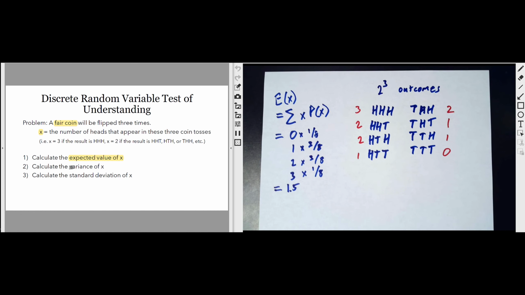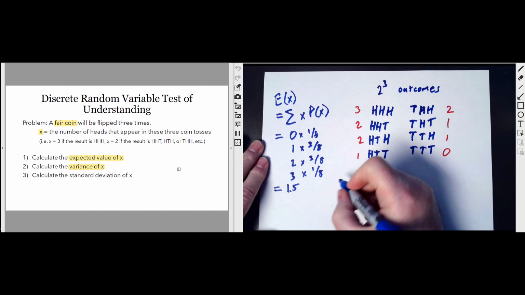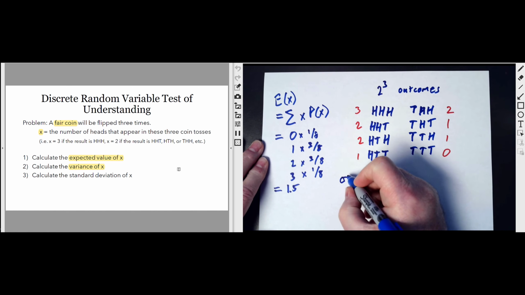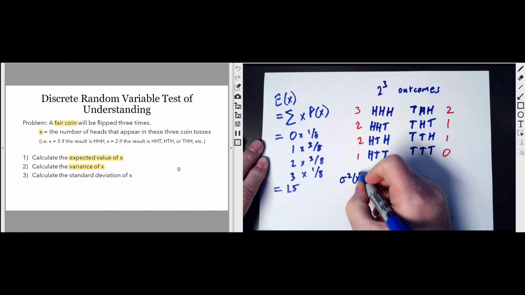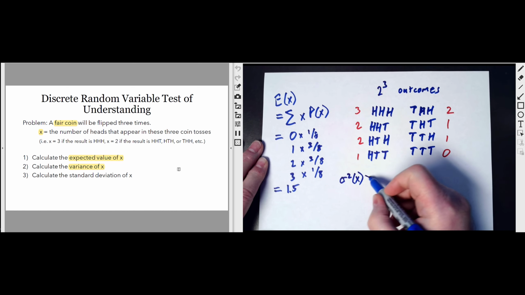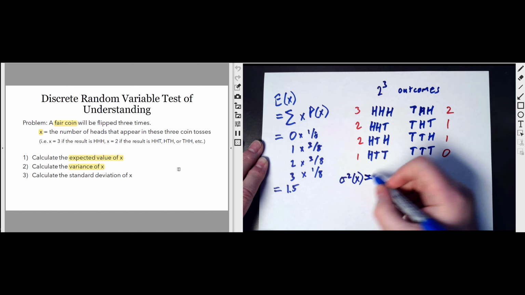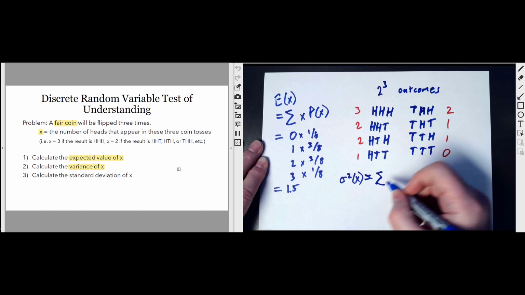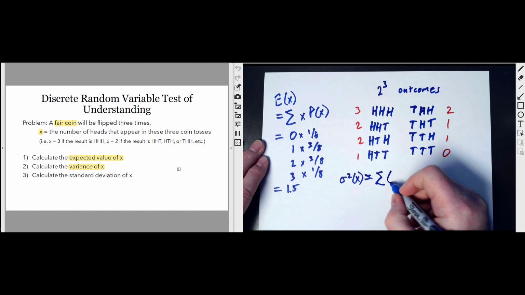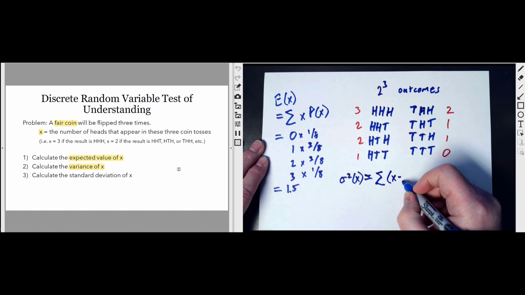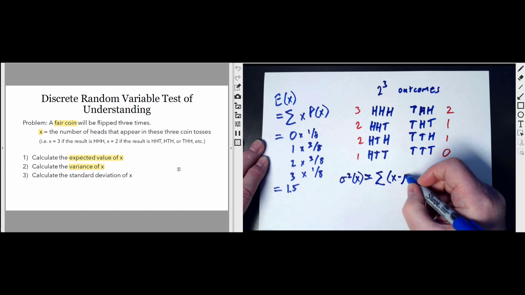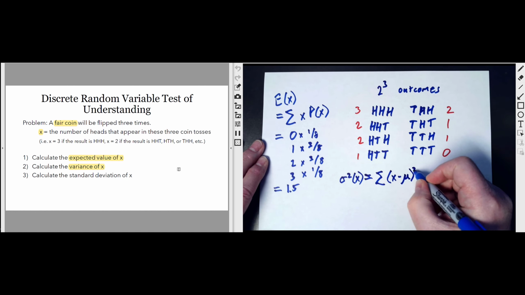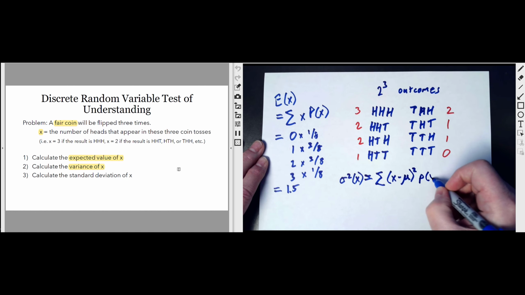Next, we're asked to calculate the variance, and we can do that manually as well. So let's compute the variance of x. That's going to be the sum of x minus mu squared times the probability of x.